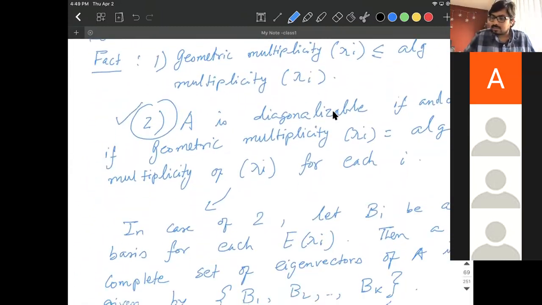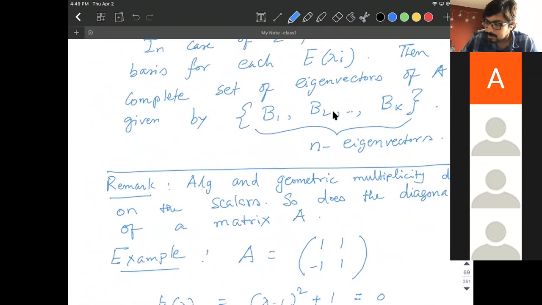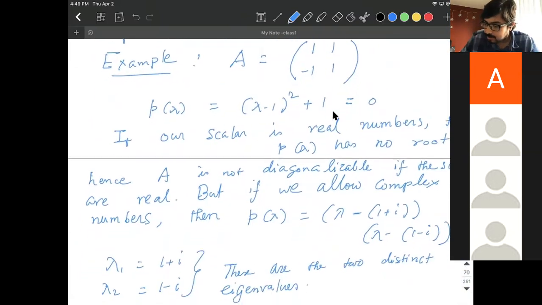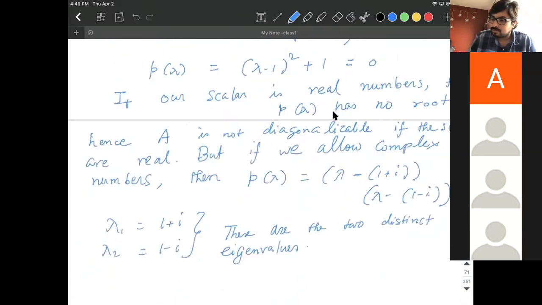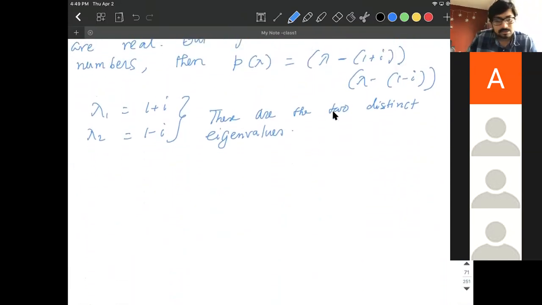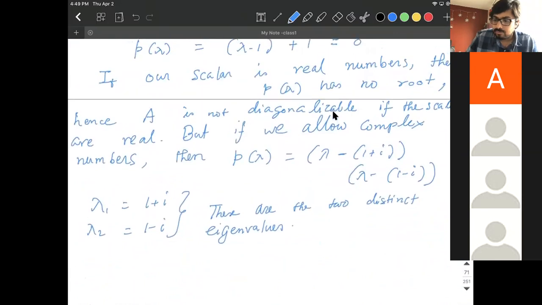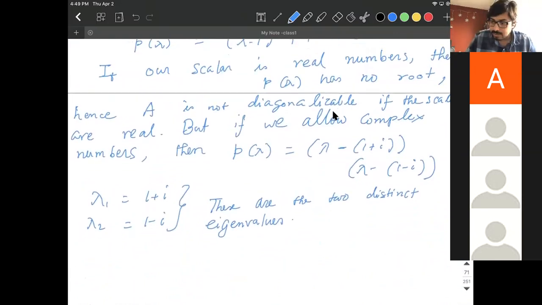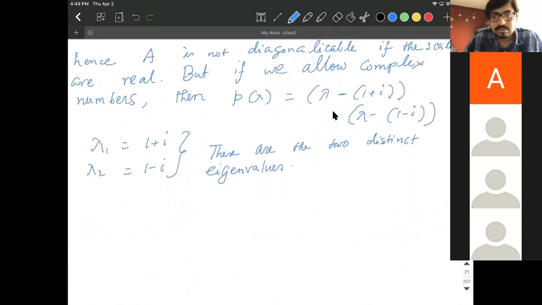That if a matrix has n distinct eigenvalues, then it's diagonalizable. So what happens here is that it's a 2 by 2 matrix and it has 2 distinct eigenvalues, and hence it's diagonalizable.